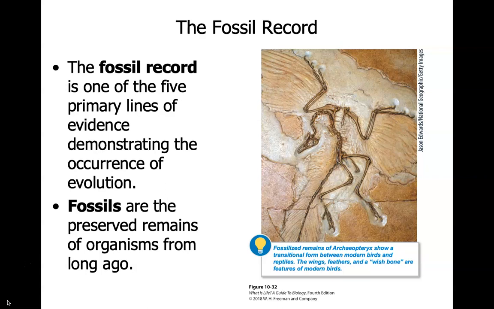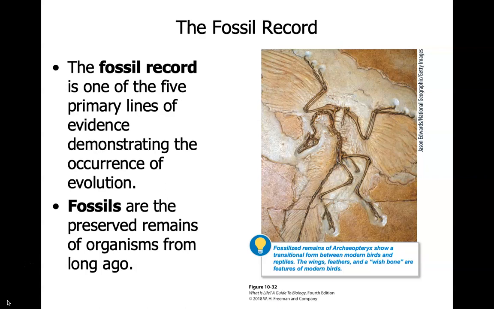So things like fur, feathers, muscle tissue, things like that, don't usually fossilize. Now, there are some instances, this example here of the Archaeopteryx, where the feathers did actually fossilize. So that's kind of a rare event.